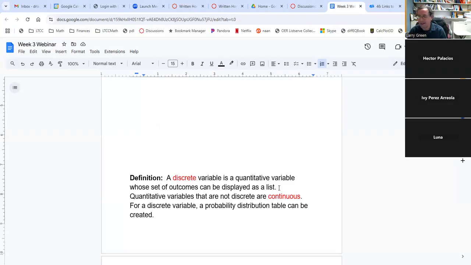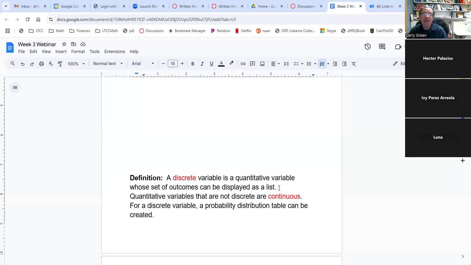Again, you could list all of that. You could have 0, 1, 2, 3, 4, 5, 6, 7, 8, 9, 10, 11, 12, maybe even halves, because maybe you lost one, you only have a half a pair left. But you can't have a third of a pair of shoes. So discrete variables are when you can list out all of the possible outcomes.